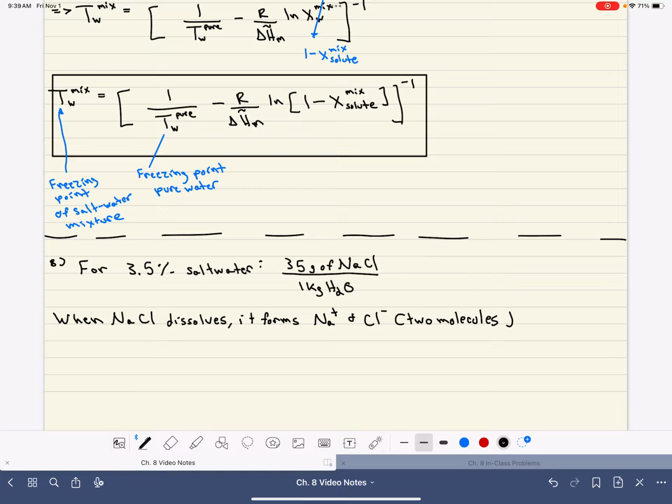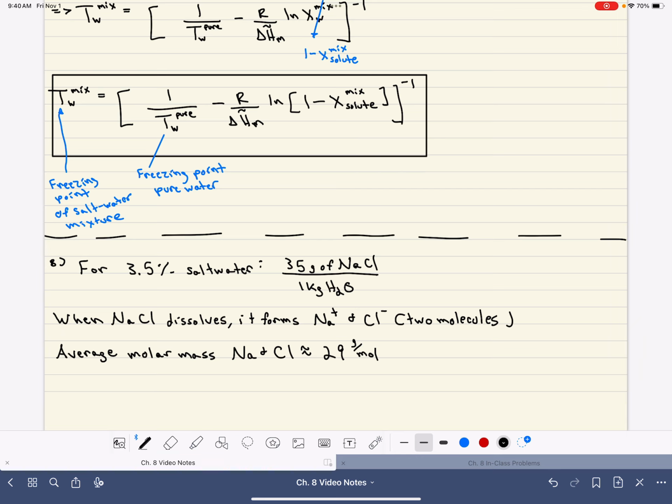And so because we're dealing with two molecules that have two different molar masses, to simplify this analysis, we're actually going to think of an average molar mass of Na and Cl. And that average molar mass is about 29 grams per mole. Okay? All right, so we need this molar mass because we need to calculate some mole fractions in a bit.